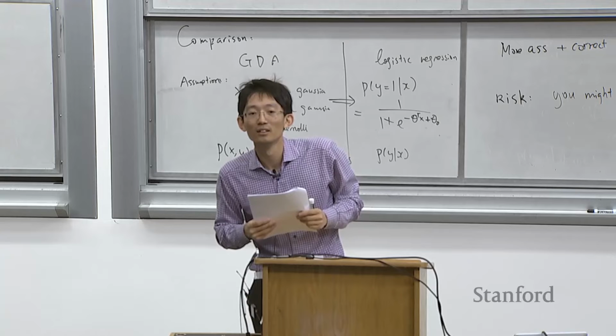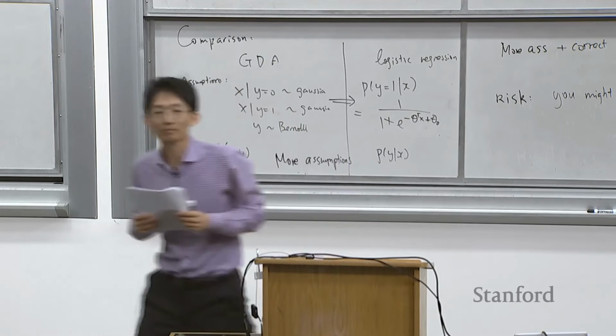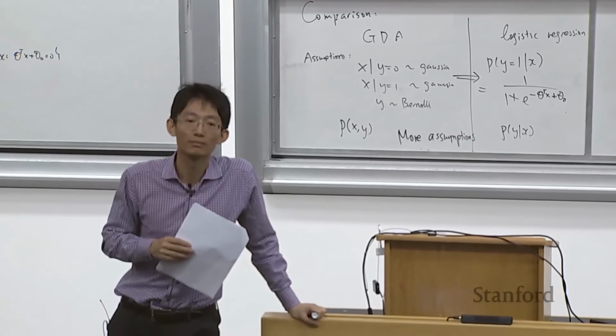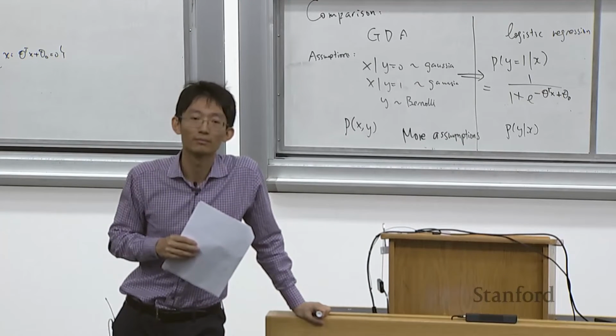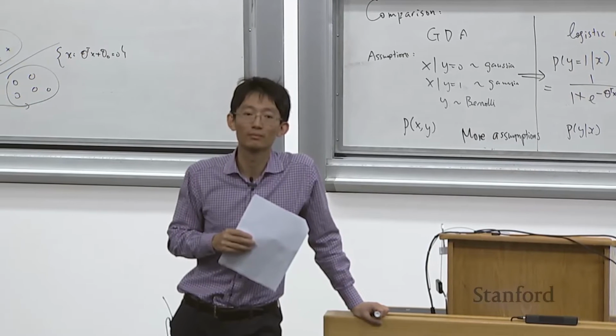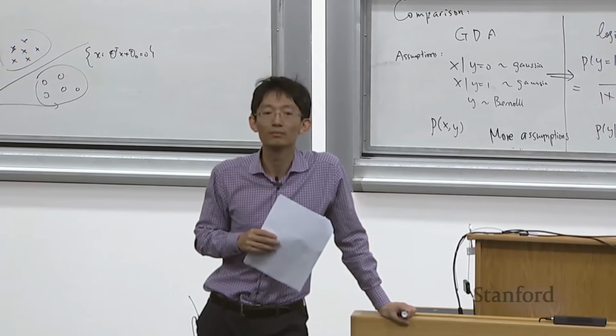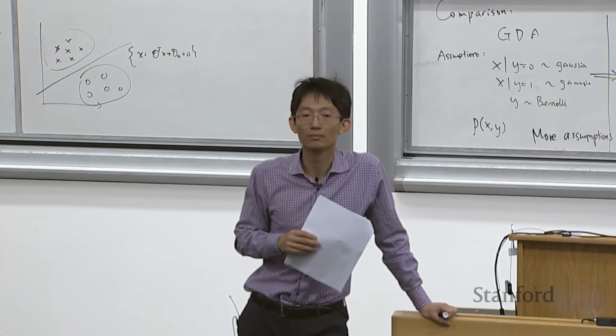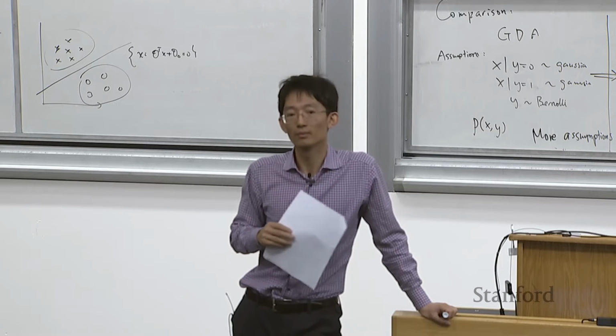X1 through Xd are independent conditioned on Y. Does that mean that if one X appears, that tells us nothing about whether another X is likely to appear? Or does it mean that all X's are equally likely to appear when Y is 0 versus 1?